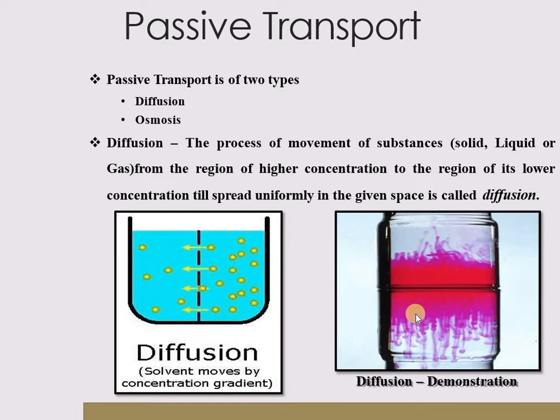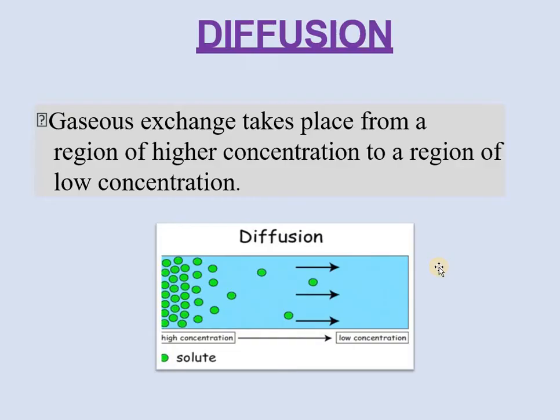In this picture you can see how the concentration is spreading slowly across the entire solution, how the color is spreading. So diffusion in the case of a gas is shown over here, that it takes place from a region of higher concentration to the region of lower concentration.